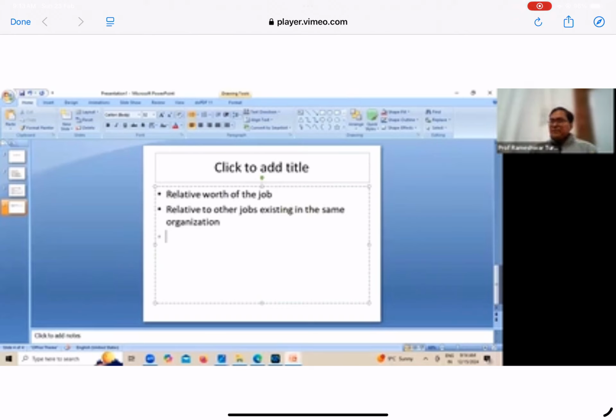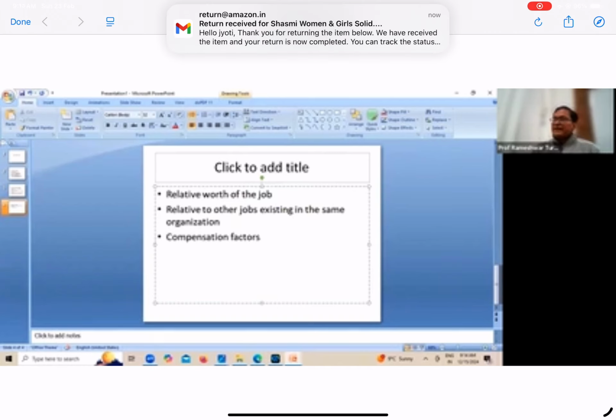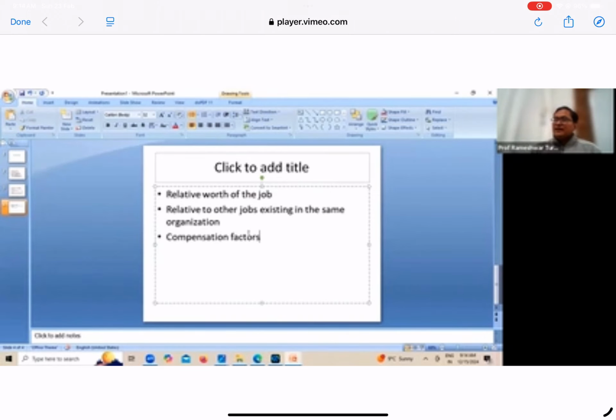So similarly, when we compare the jobs, we need some criteria. And that criteria, we call compensable factors. We will have some criteria, not one, multiple criteria to compare the jobs. These are called compensable factors.